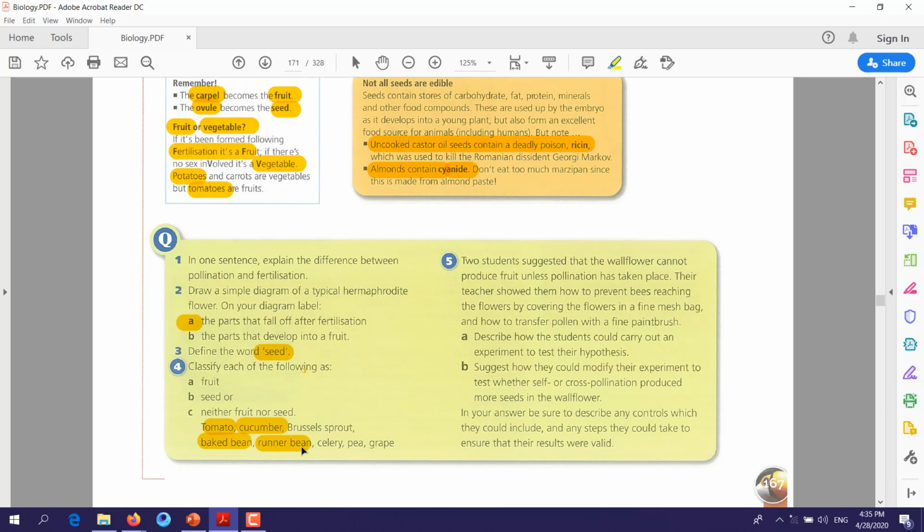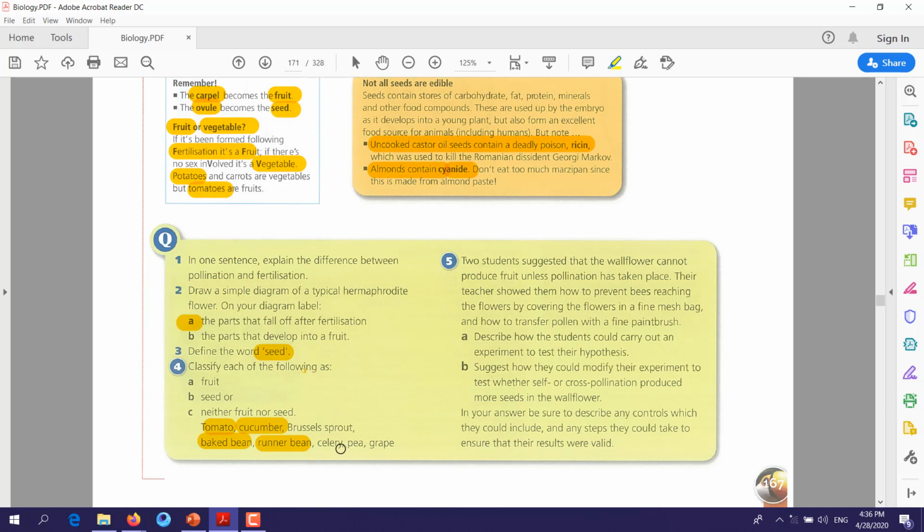So runner bean, we can consider it as an example of fruit. Next one, celery. Celery is not seed, and also it's not a fruit. So celery is neither fruit nor seed.